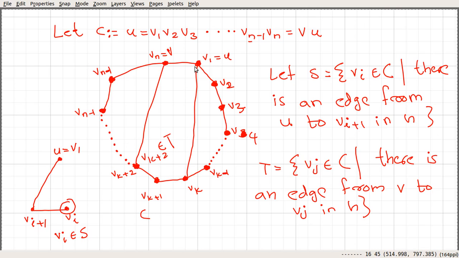And if we consider all the vertices incident with V1, then another vertex which satisfies this condition belongs to this set S. And that says the cardinality of S is going to be the degree of this vertex U. Similarly, you can see that all the vertices adjacent to V belong to this T, and that says the cardinality of T is going to be the degree of this vertex V.